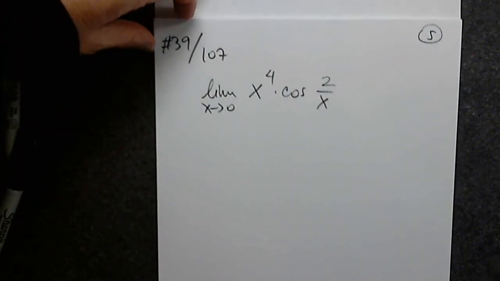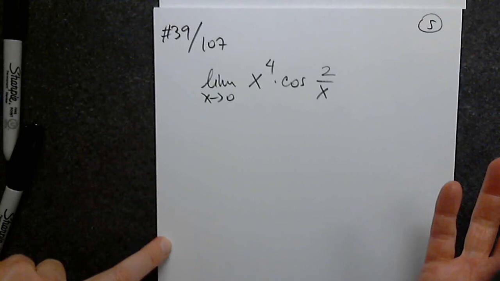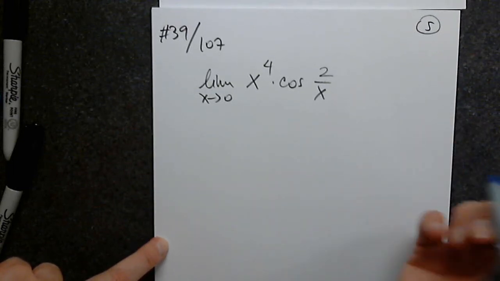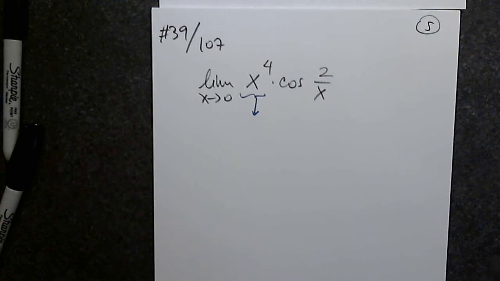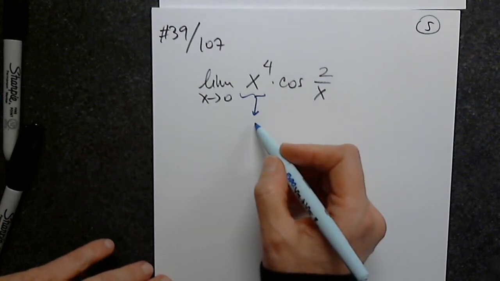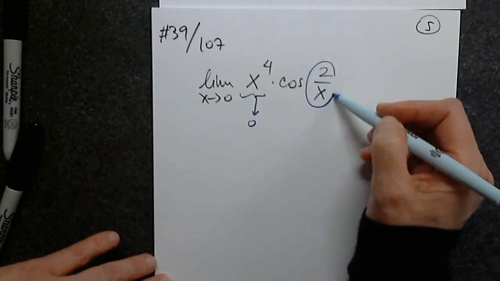We're asked to determine this limit. And of course I have to plug it in and see what's happening here. Where does this go? Good. Where does this go?